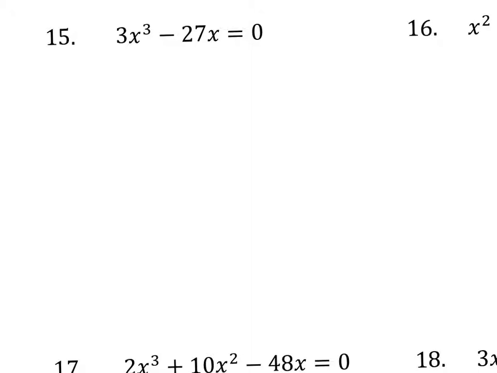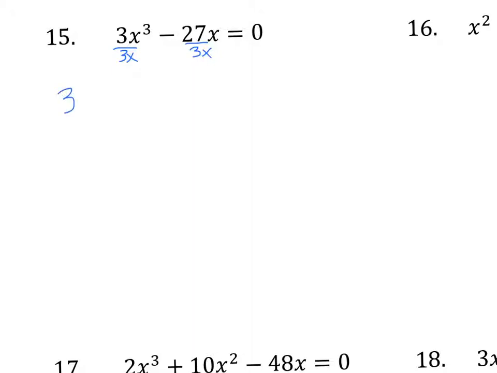First thing we need to notice is that right away there is a GCF that we can take out. Remember, you always want to look and see if there is a GCF to be taken out before you even start the problem. So here it looks like I can divide everything by 3 and an x can be taken away.